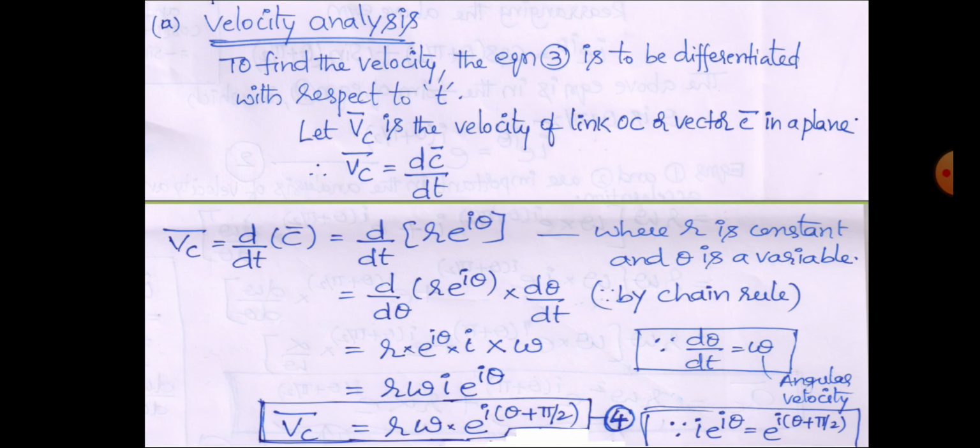That is what one can understand from equation number 4. So I have differentiated to get the velocity, and I got Vc bar is equal to r omega into e power I of theta plus pi by 2, equation number 4, in which r omega is the magnitude of the velocity vector and theta plus pi by 2 is the position of the velocity vector.